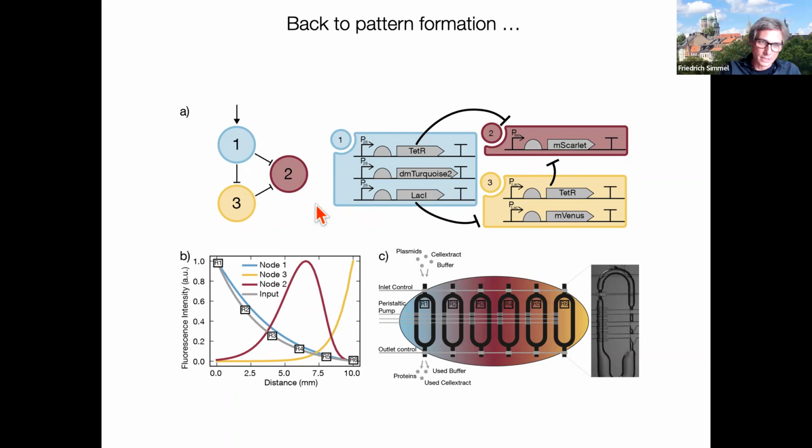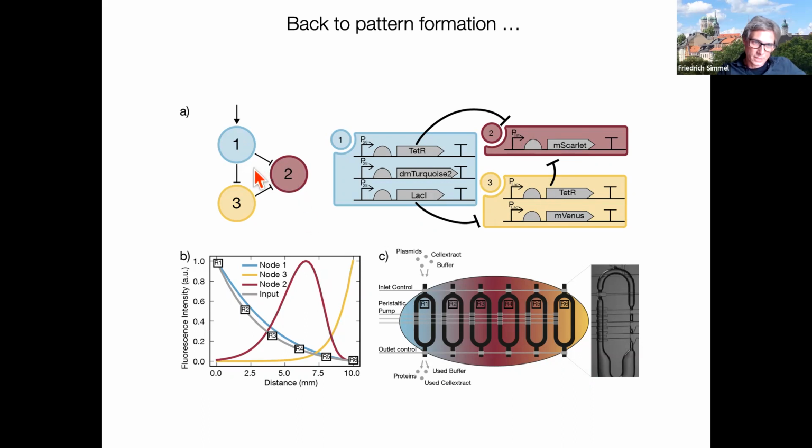intermediate concentration. What is going on here is that when we activate node number 1 strongly, that deactivates the production of TET-R, and therefore we would expect expression of this M scarlet at intermediate levels.